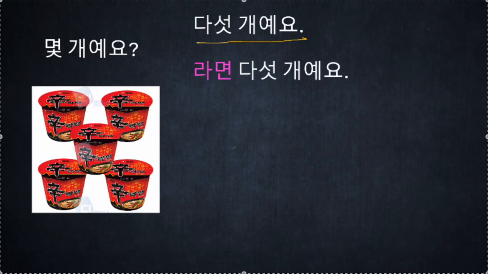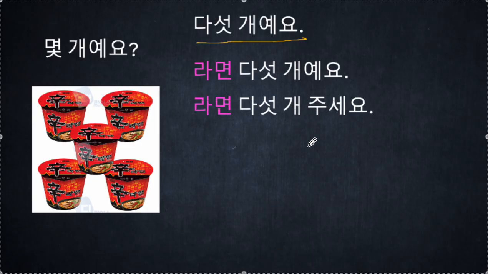Okay. 라면 5개예요. How would you say give me 5 라면? 라면 5개 주세요. 예요 is 주세요, give. They're both verbs, right? Okay. There are 5 라면. Give me 5 라면.